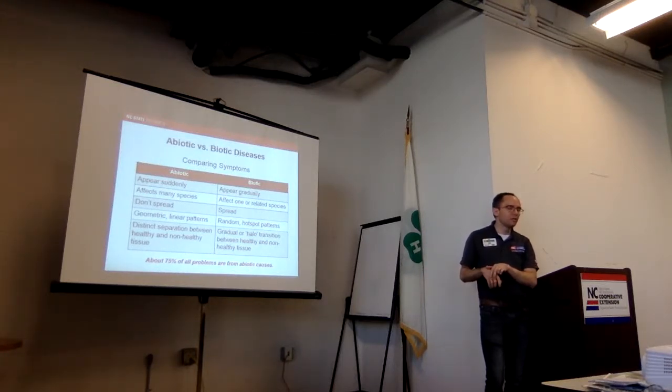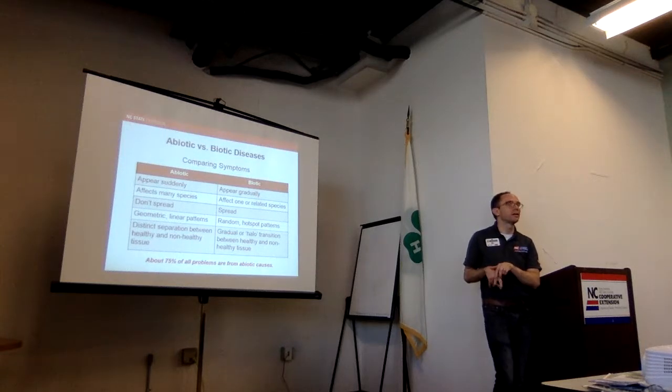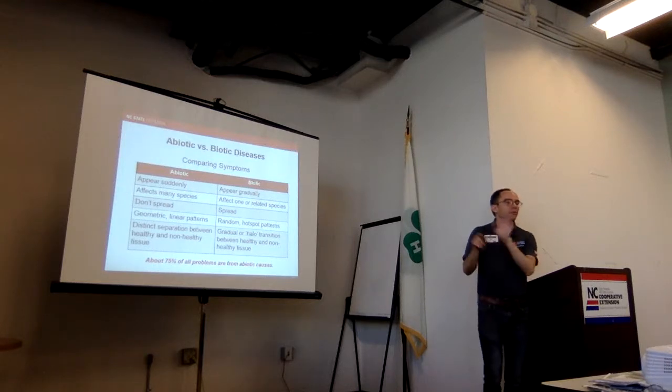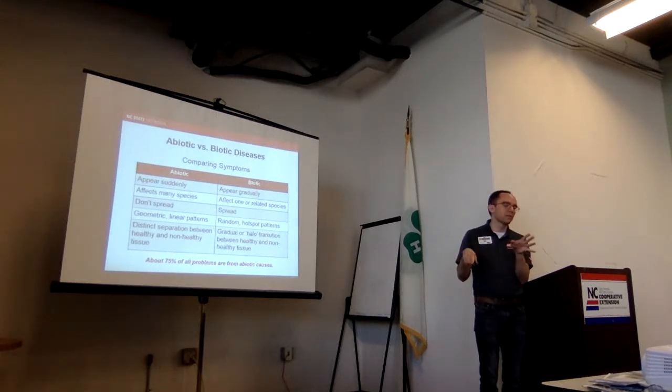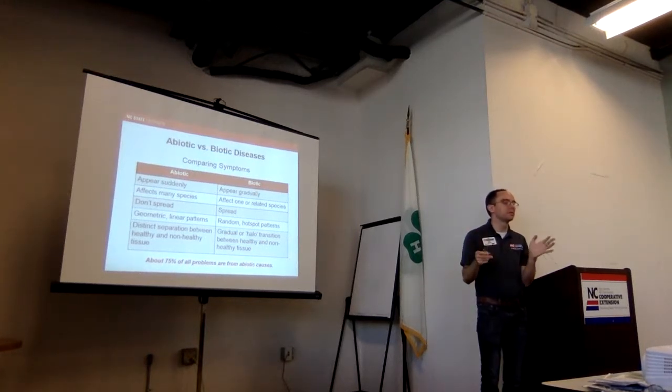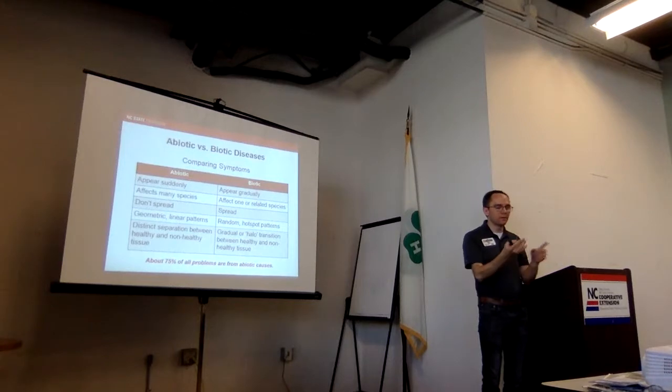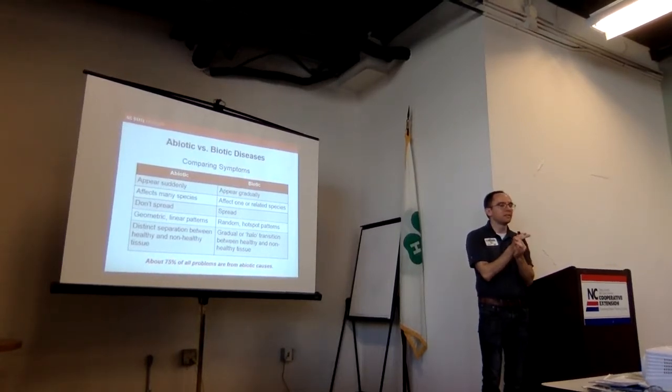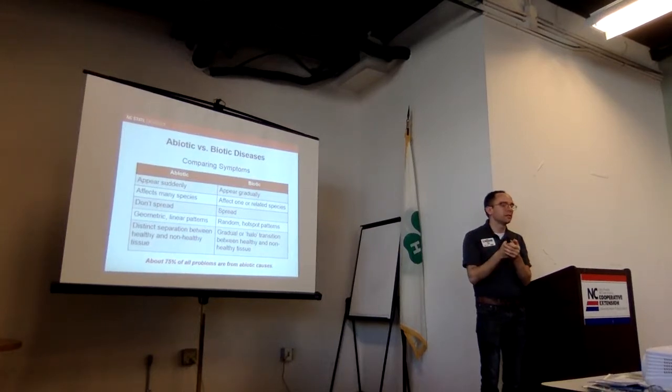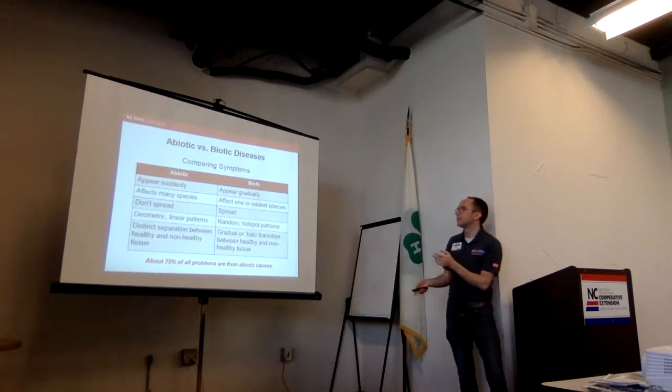I can send, the University of Florida has a series of 3 publications on disease diagnostics. There are several diagnostic methods, and we'll go to this in the second lecture. The book has a good way to do it, but the Florida one is interesting because it strongly suggests let's eliminate the possibility of insects first, then eliminate the possibility of abiotic, and then if it's obviously more biotic in appearance, then start there.